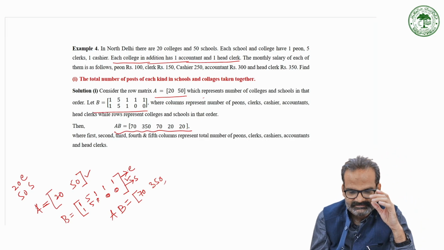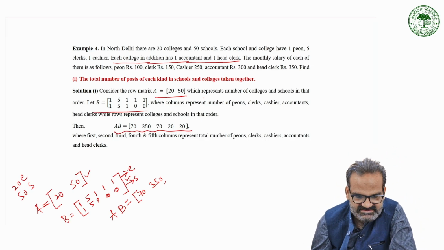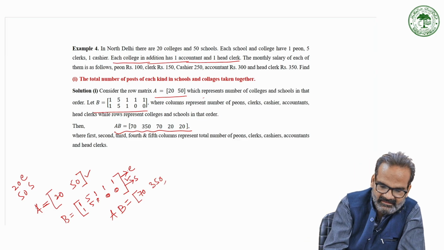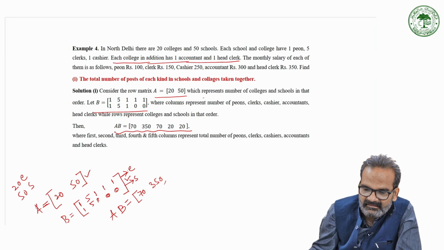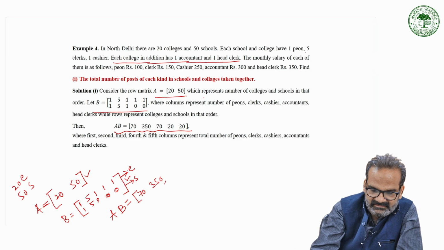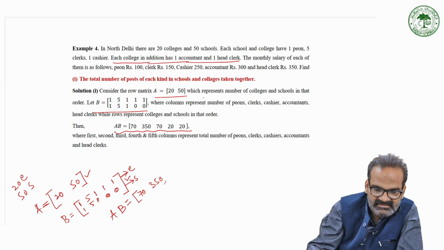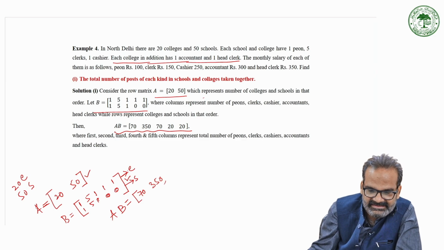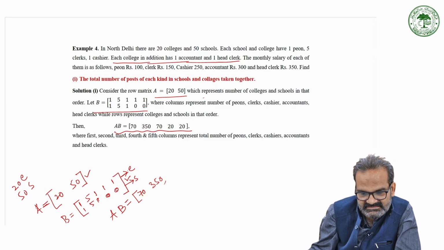In this product, the first, second, third, fourth and fifth columns represent the total number of peons, clerks, cashiers, accountants and head clerks. So there are 70 peons, 350 clerks, 70 cashiers, 20 accountants and 20 head clerks, right?